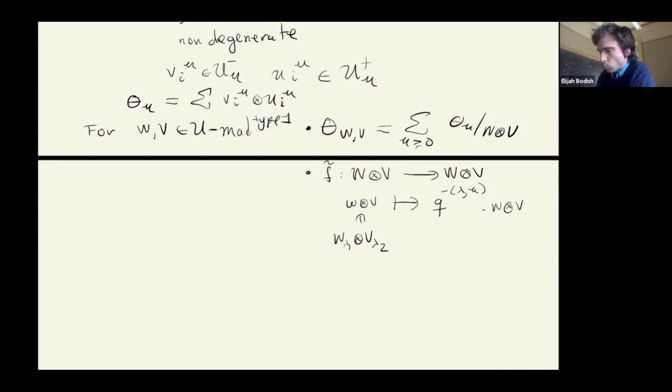And then this allowed us to define R sub VW.